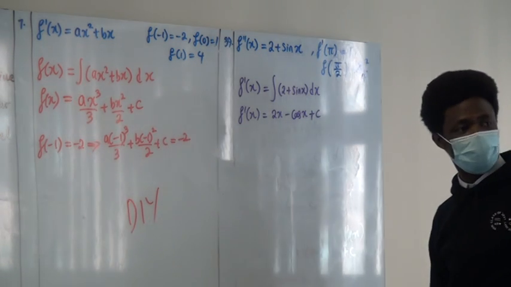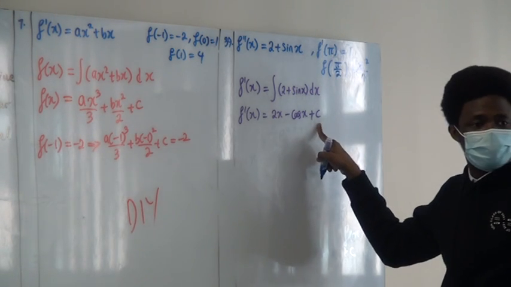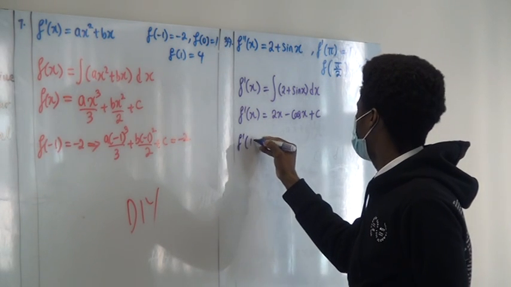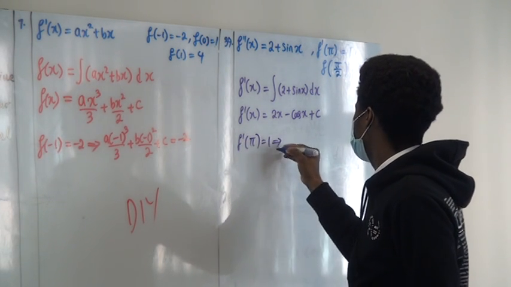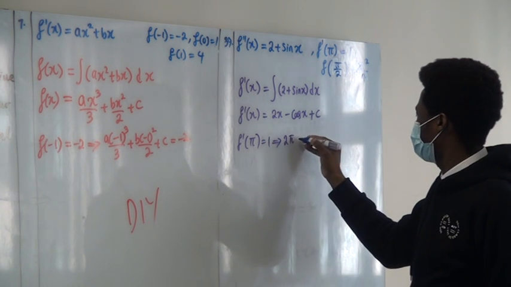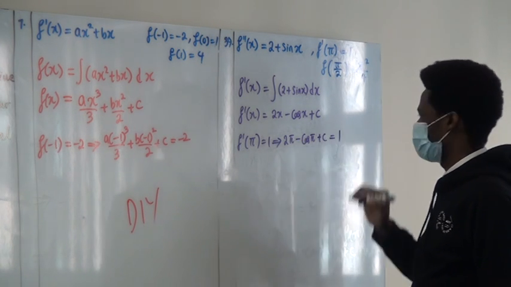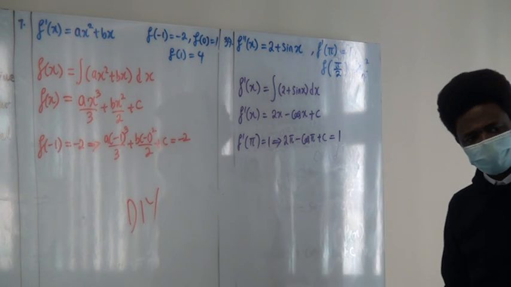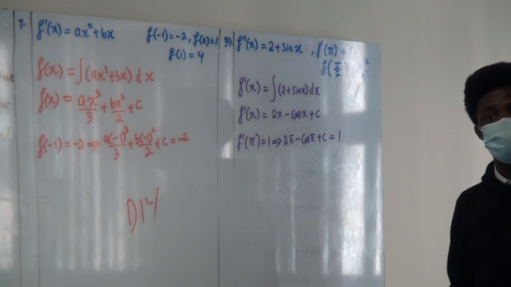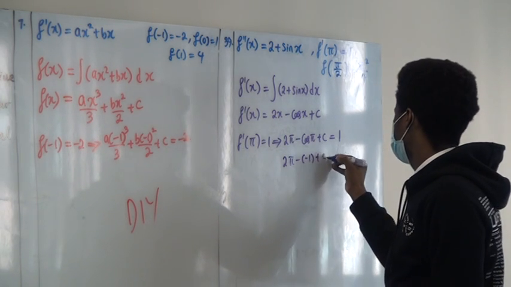But that's not the case here, because this is what you have. So since this is what we have, you can use this first to find out what c is. Then you continue the process again. So f prime of pi equals 1 implies that, together, 2 pi minus cos pi plus c equals 1. What is cos pi? That's cos 180. What's that? Minus 1, right? So this is 2 pi minus minus 1 plus c equals 1.